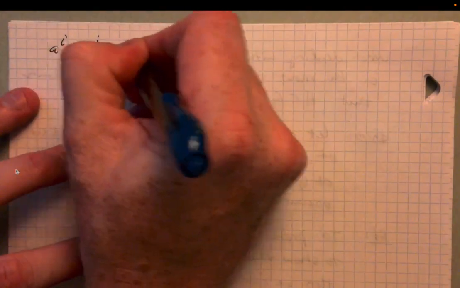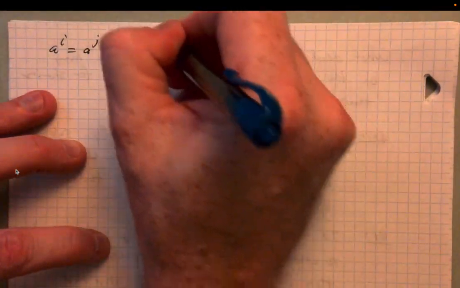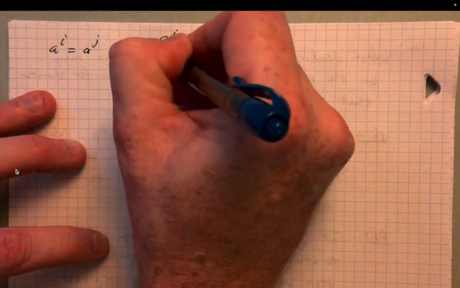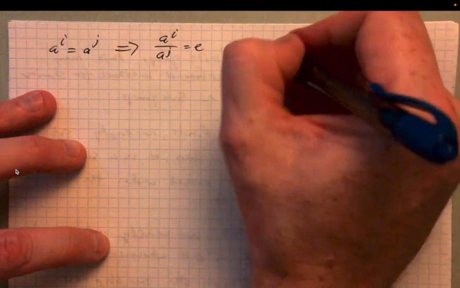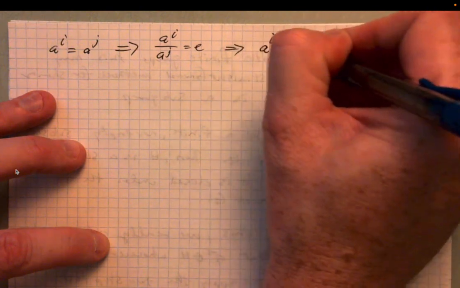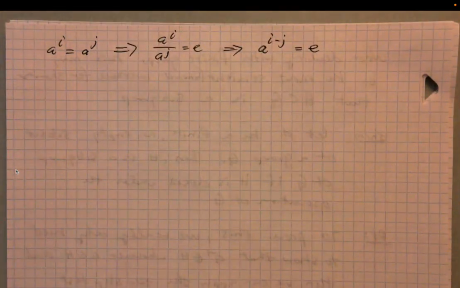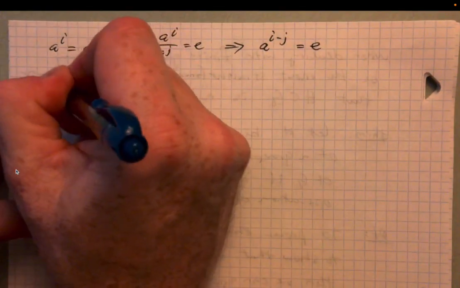So that implies that there's some a to the i equal to a to the j. From that, we can say that a to the i over a to the j is e, and therefore a to the i minus j is equal to e. Now, we assume that a is not equal to e.